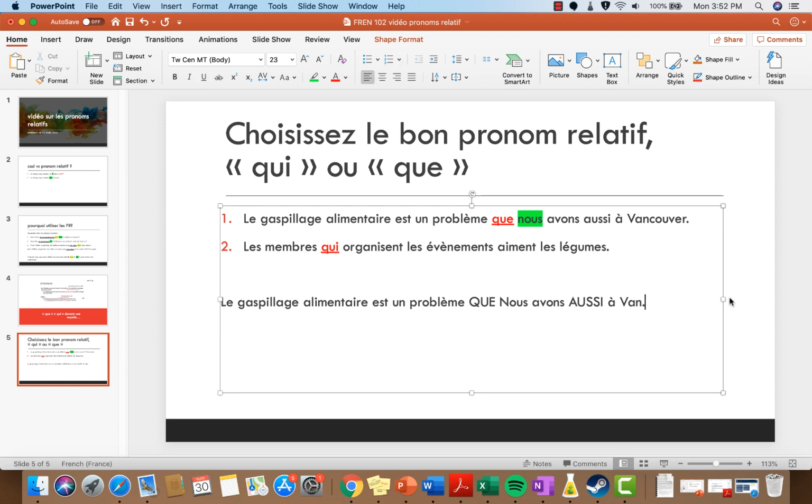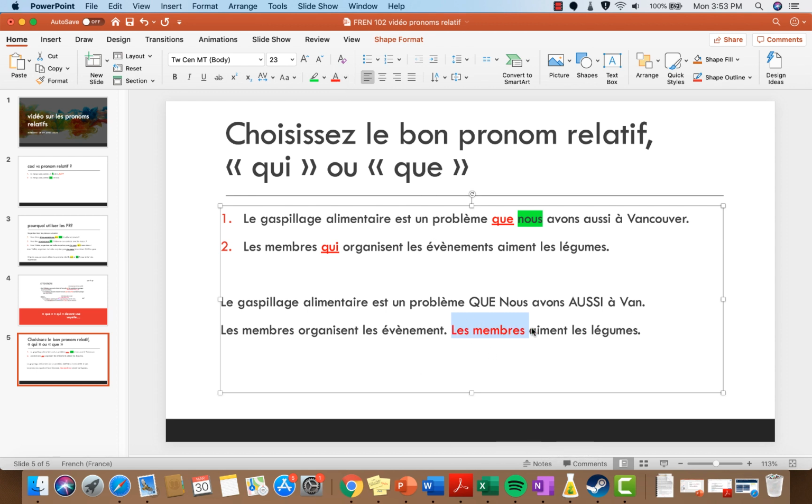So again, if I want to go into much detail, les membres organisent les événements. Les membres aiment les légumes. So what's the role of les membres that we keep seeing here in the two sentences? Les membres is a subject, right?